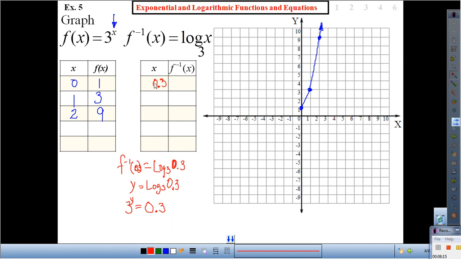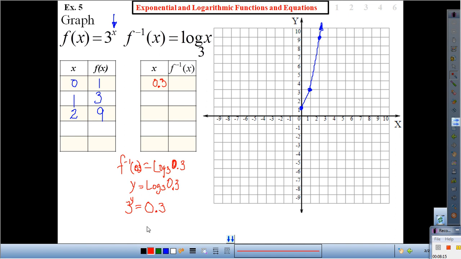Well, because with 0, we couldn't find anything that 3 to the y power was equal to 0. A number between 0 and 1 that's a multiple of 3 could be 0.3 or 0.6 or 0.9. For right now, I'm going to leave it as 0.3.